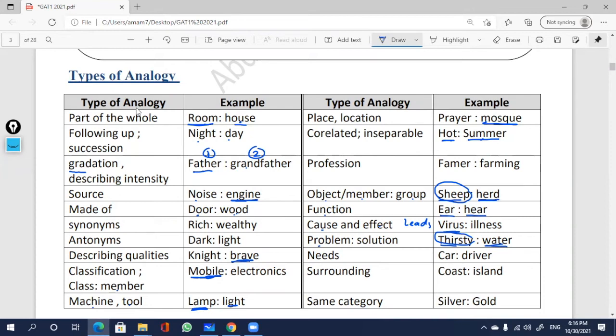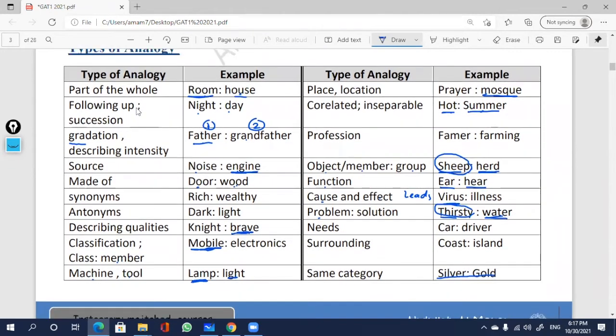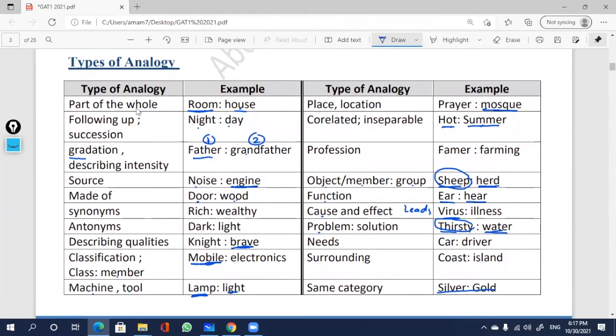Then we have same category. We have silver, gold. They have the same category. Now, also, we have surrounding. Mataf, Kaaba also. The mataf surrounds the Kaaba. Okay. Then these are the most important or the most common types of analogy.